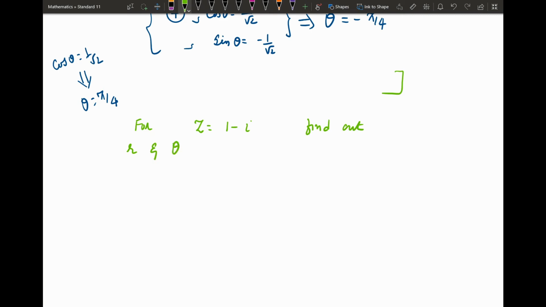R means modulus, theta means always we will assume principal argument. Now solution. For z equal to 1 minus i.